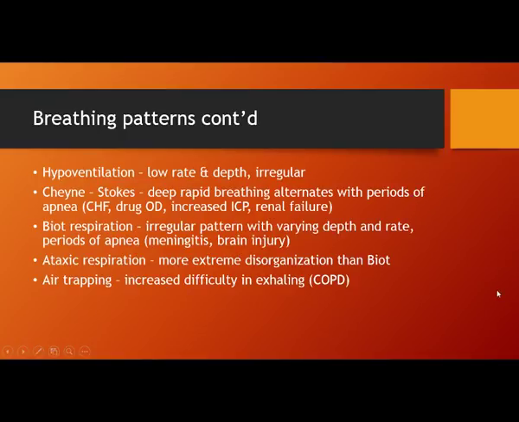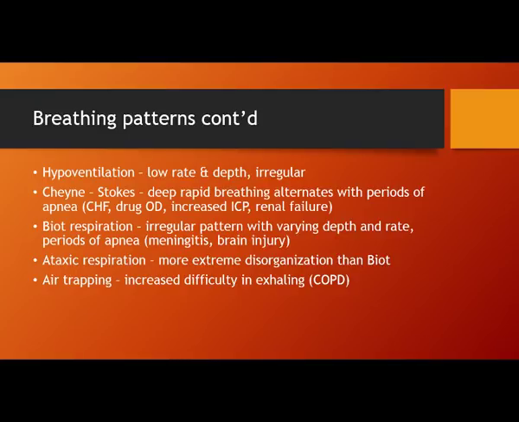Then hypoventilation is respiration with a low rate and low depth, and it's irregular. There's a specific kind of respiration called Cheyne-Stokes, and this one you have deep periods of rapid breathing that alternate with periods of apnea.